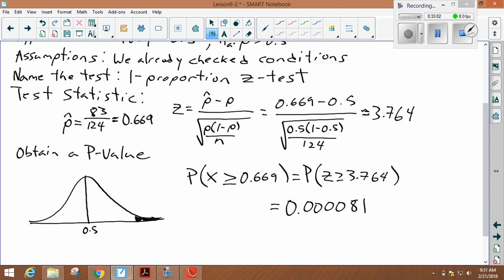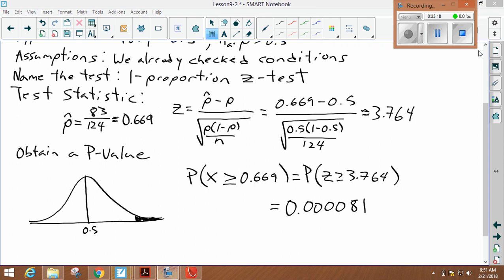So we observed and got a p-value. This is the probability, given that the actual proportion is 0.5, which means that we have strong evidence to reject the null hypothesis.